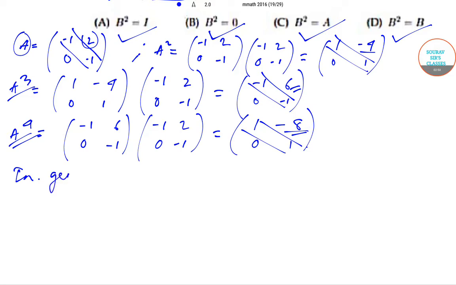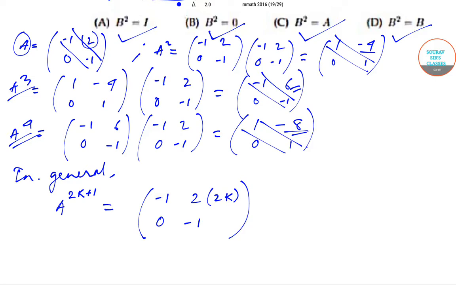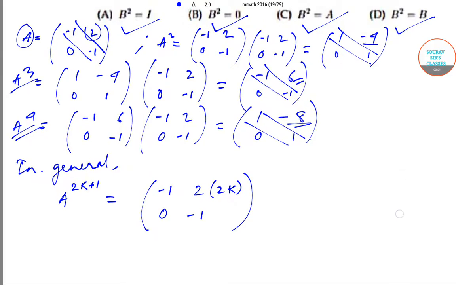In general, the formation for any matrix A to the power 2k plus 1, that is, when A has an odd power, will be [-1, 2 into (2k+1); 0, -1]. This is the formation that we are looking for in case of an odd power.